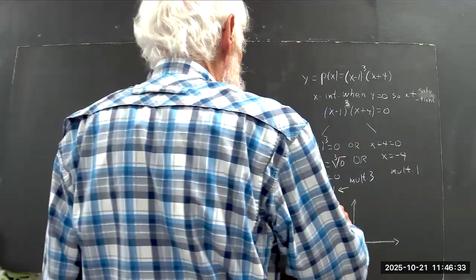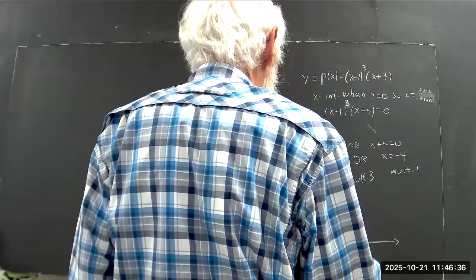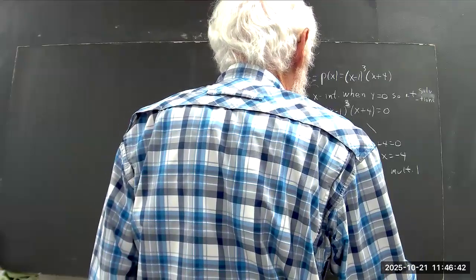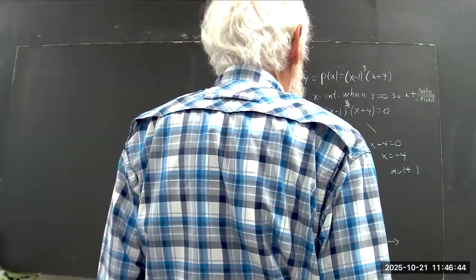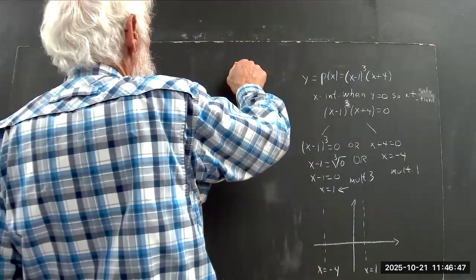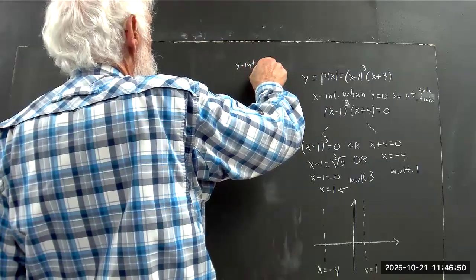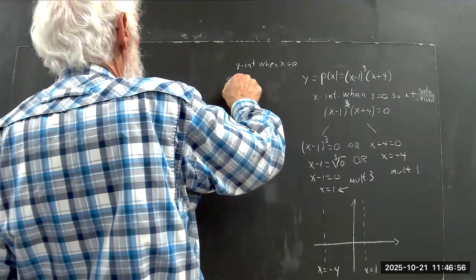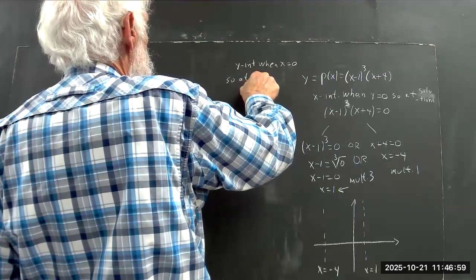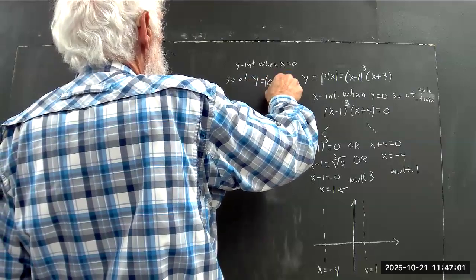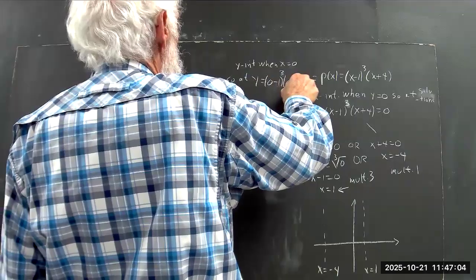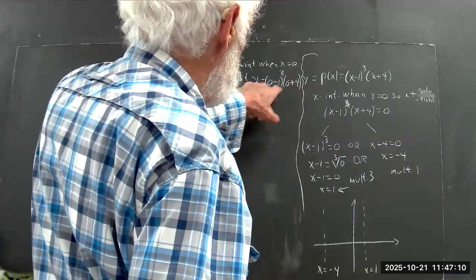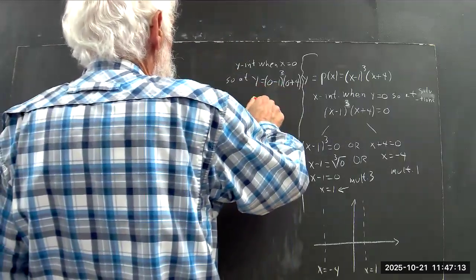So if we begin to sketch the graph, we have x equals negative 4, let's say here, and x equals 1 here. The y-intercept, so you get y equals 0 minus 1 cubed times 0 plus 4.